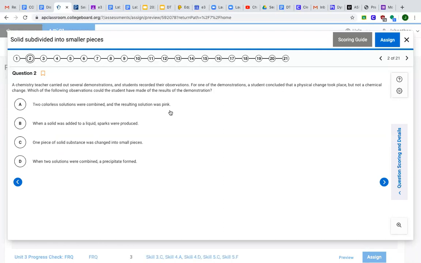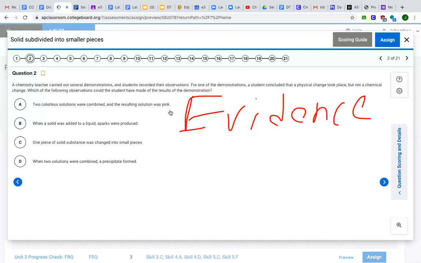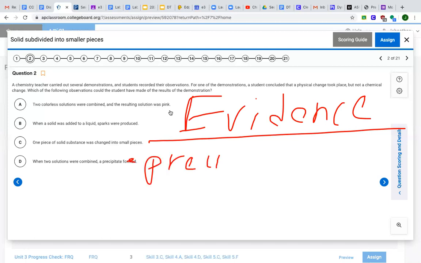I didn't really think through the first one, because at first I was like, oh, it's just color. Okay, so let's think about evidence of a chemical reaction, right? There are a whole bunch of different types, but one of them could be a precipitate forming.